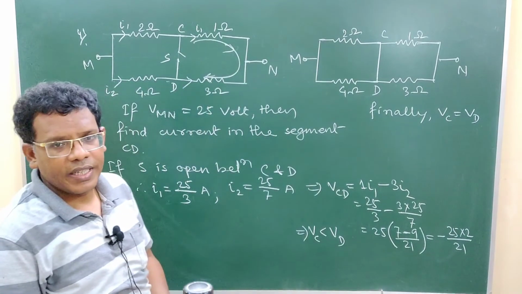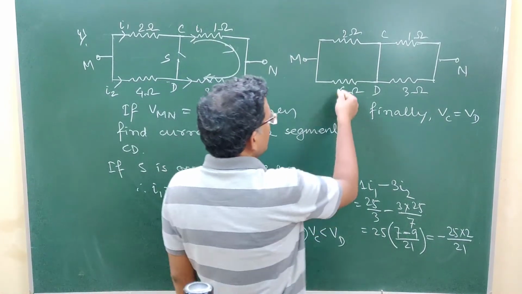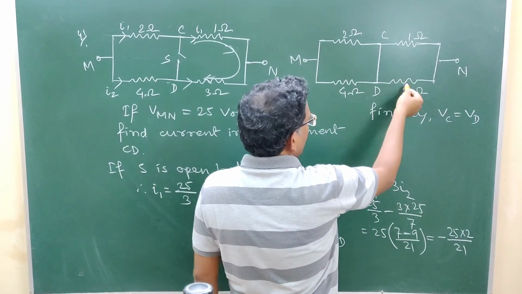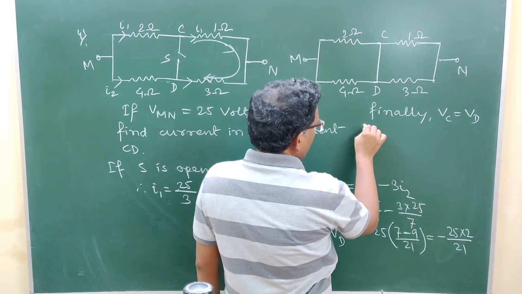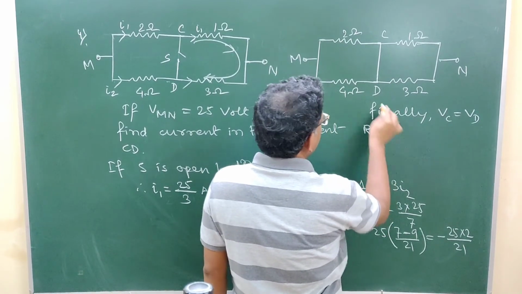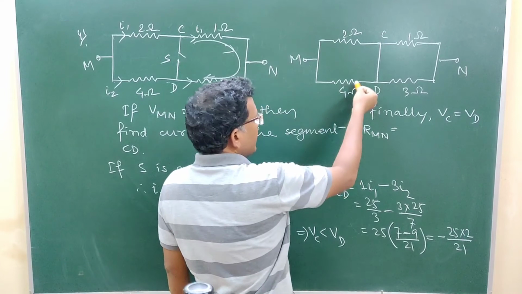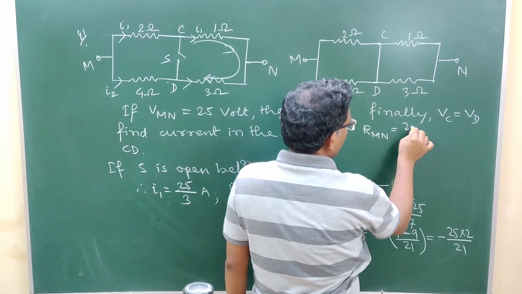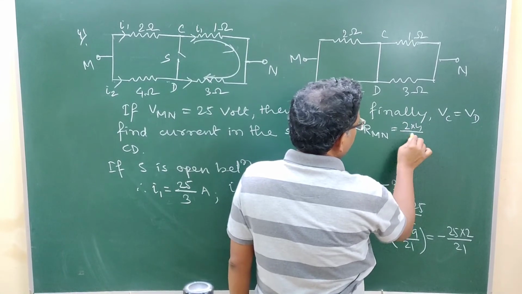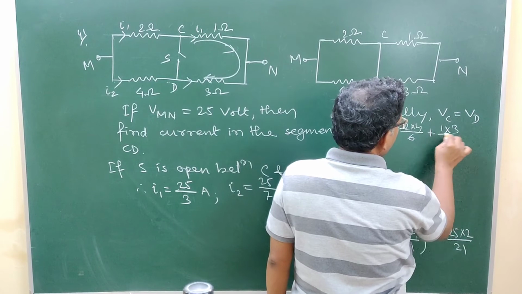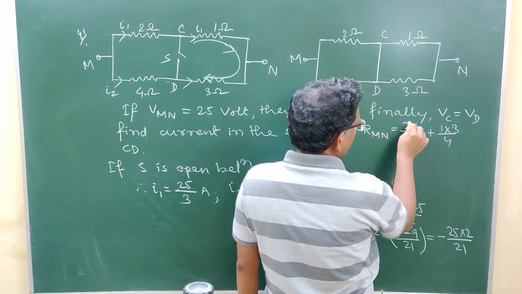So when Vc becomes equal to Vd, then what becomes the R effective? 2 and 4 are parallel now, and similarly 1 and 3 are parallel. So Rmn will become the series arrangement of effective of this 2 with this 2. So it is 2 into 4 by 6 plus 1 into 3 by 4.